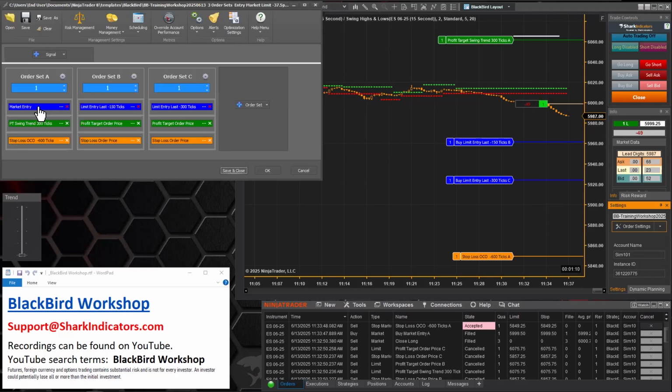So again, to repeat what was discussed earlier, because this is a market entry, we don't know exactly what that entry price will be in relationship to using the last price, right? So the last price will be very close to that, but there could be a tick or two of slippage, right? Depending on how crazy the markets are when this trade gets placed.